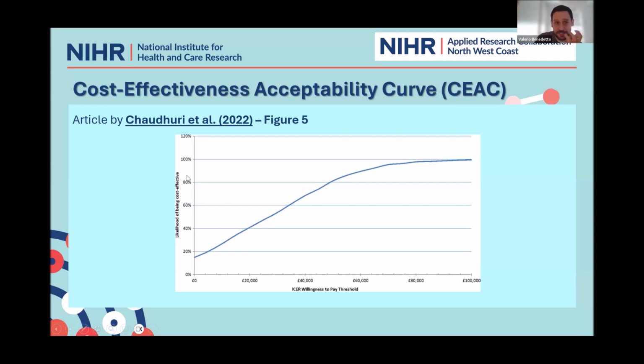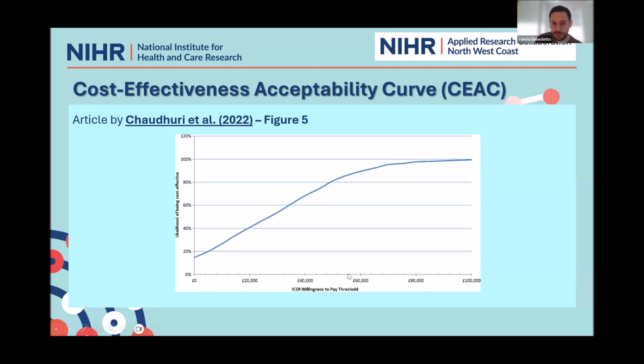Right. So this is again coming from the example economic evaluation we've been using during the course, the economic evaluation which examined the new intervention for people with advanced Parkinson's disease. And we're looking at figure 5. In this figure, on the horizontal axis, you can see costs, or let's say monetary values better.